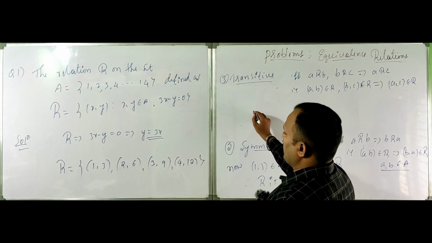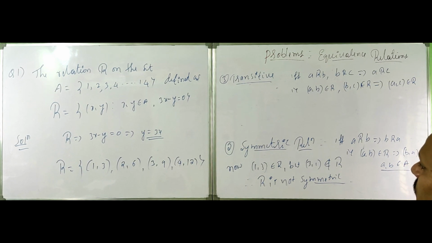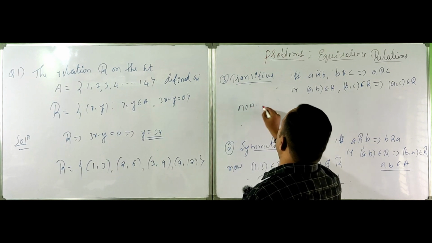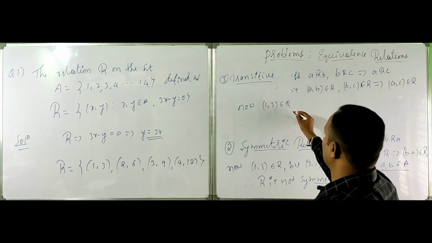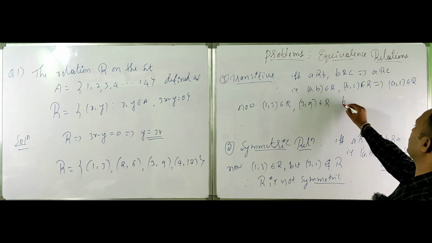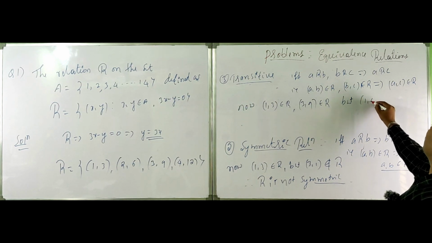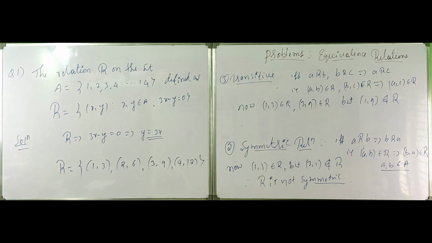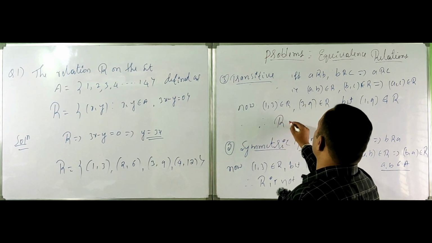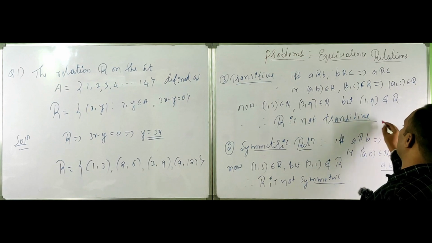We have 1 and 3, 2 and 6, 3 and 9, but we do not have matching terms. Let's take the example: (1,3) belongs to R, and (3,9) belongs to R, but (1,9) does not belong to R. Therefore R is not transitive.